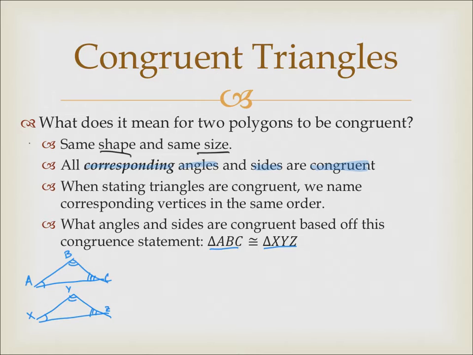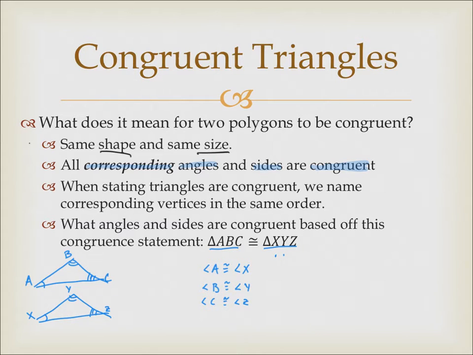And you should be able to tell based off the statement which angles and sides are congruent. So even without my picture, I know that angle A is congruent to angle X, and that angle B is congruent to angle Y based on where they are in my congruency statement. Same thing, angle C is congruent to angle Z. And I can do the same thing with my line segments.